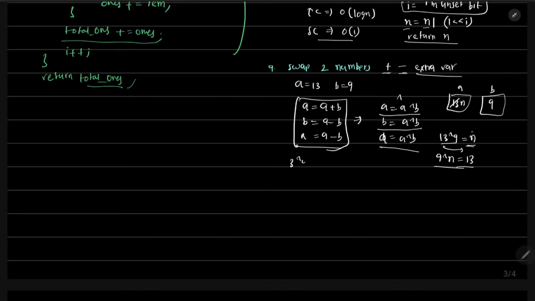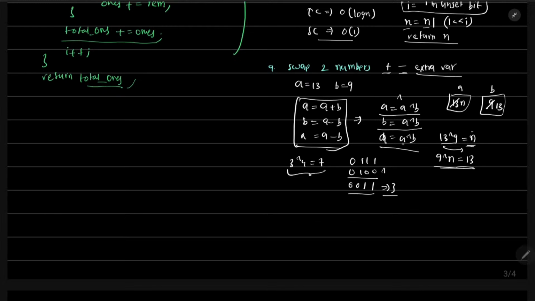3 XOR 4. We know it is 7 already, right? So 0, 1, 1, 1, it is 7. And 0, 1, 0, 0, it is 4. What is this? Let's do XOR. Different. 1, 1, 0, 0. You see, this is 3. That's how it works, right? Now, this is 13. So instead of 9, it becomes 13, right?